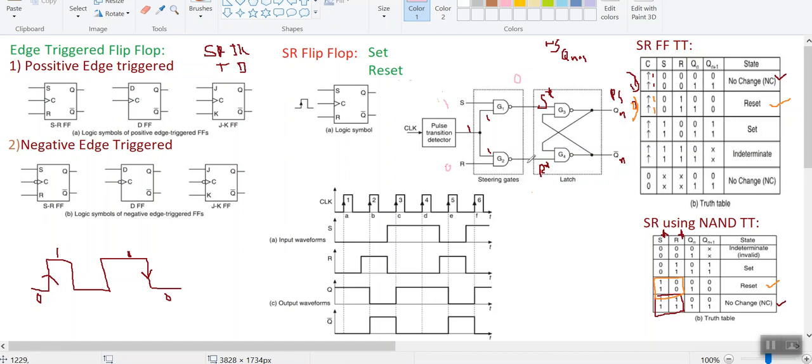Now 0 into 1 is 0, and 0 is inverted as 1. So now S star is equal to 0 and R star is equal to 1. When S star is 0 and R star is 1, I get a set state output. Therefore, at this flip-flop output, I will get the set state.